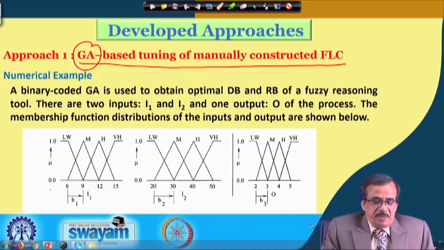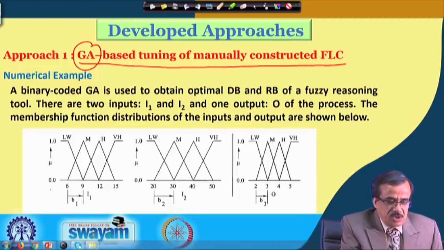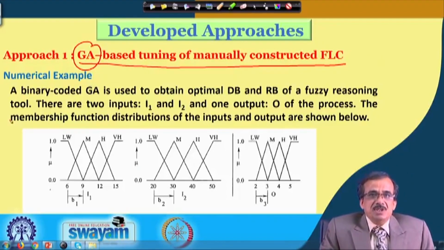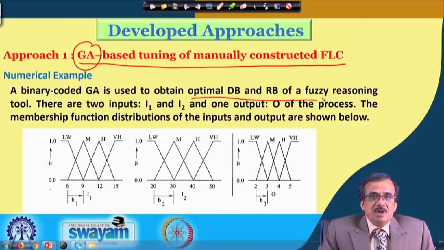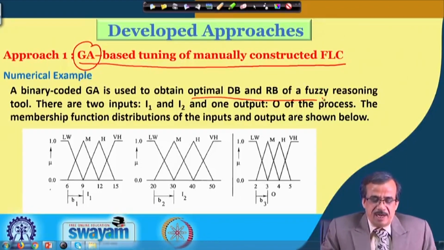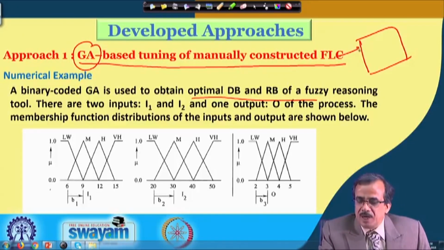As I told, we are going to take the help of one binary coded genetic algorithm here. A binary coded genetic algorithm is used to obtain the optimal database and rule base of a fuzzy reasoning tool, and let me consider a process having say 2 inputs and 1 output.